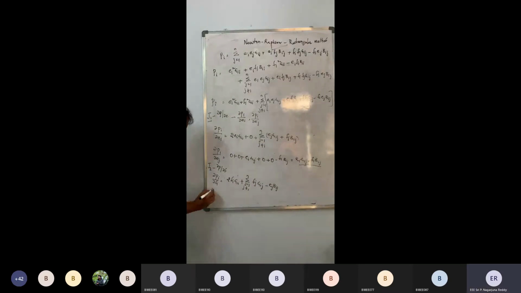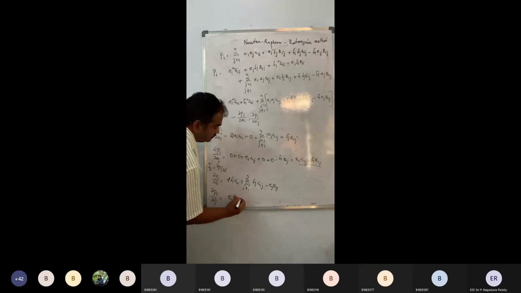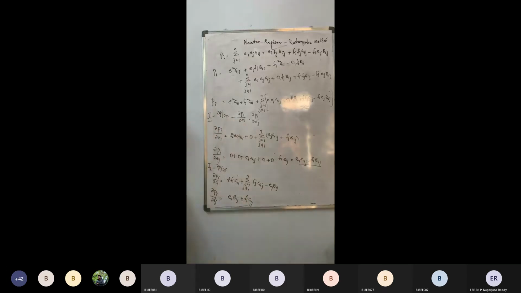In the same way, these are the expressions for J1 and J2 submatrices and their respective elements.